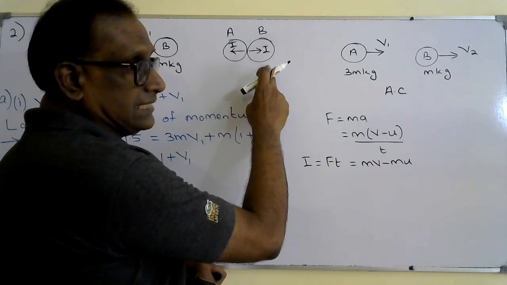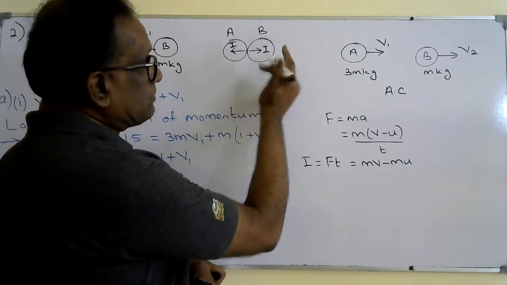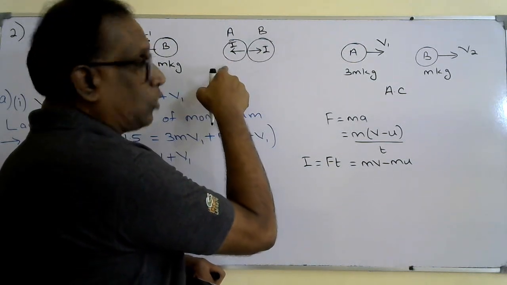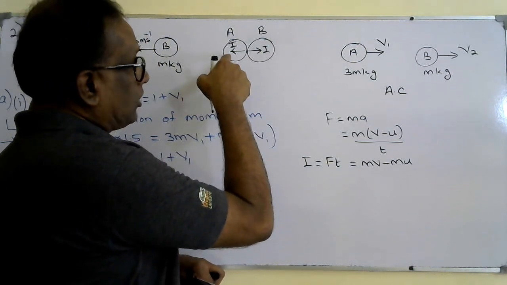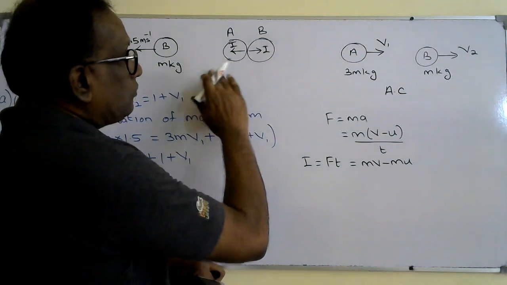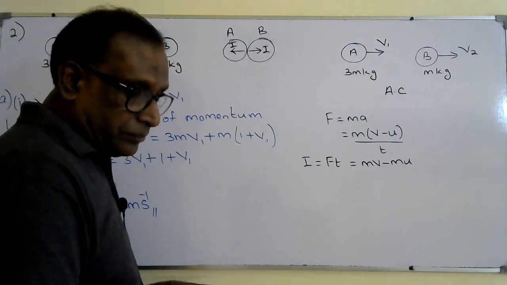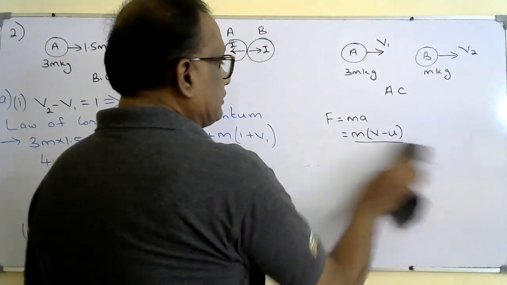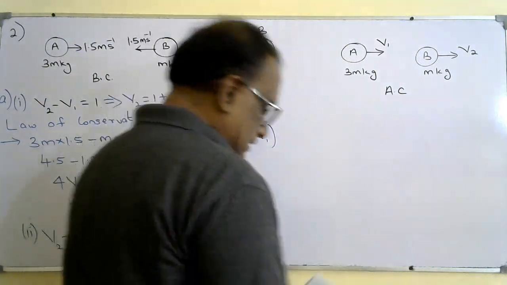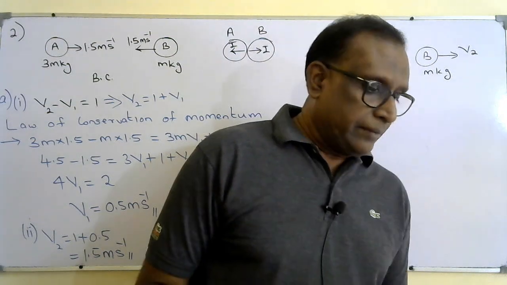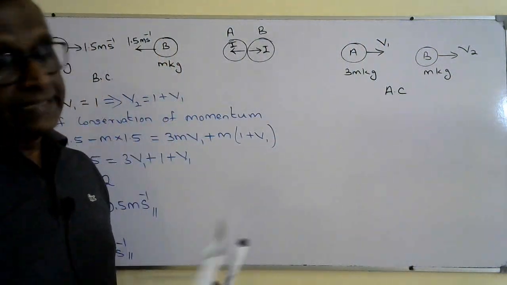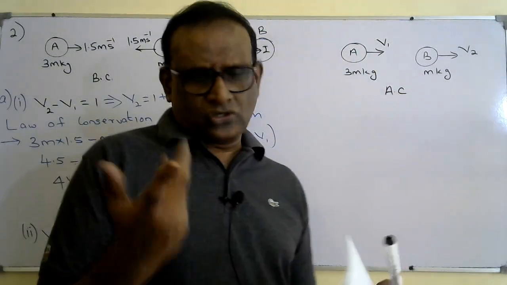For B, the change in momentum is towards right because the impulse on B is towards right. For A, the change in momentum is towards left because the impulse is towards left. Both will have the same magnitude of impulse, or I can say both will have the same magnitude of change in momentum. So here they ask you to find, in terms of M, the magnitude of the impulse exerted on B in the collision. If I find it for A also, you will get the same answer.